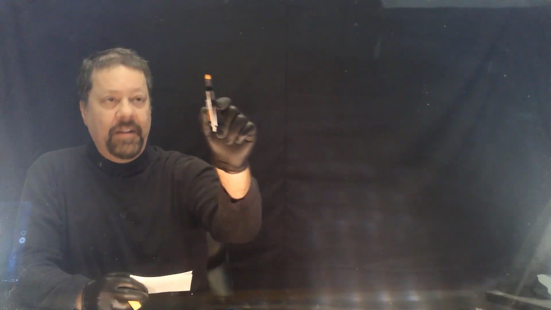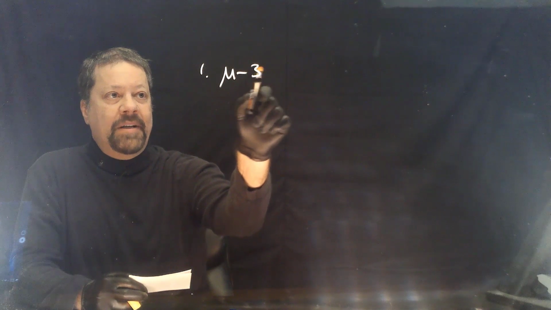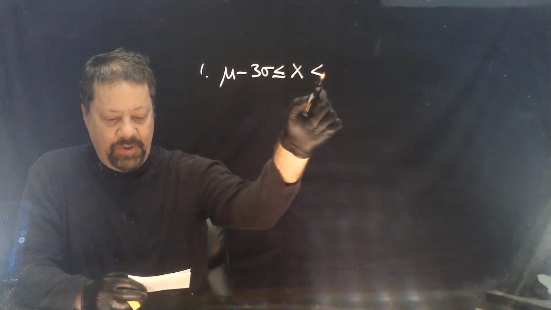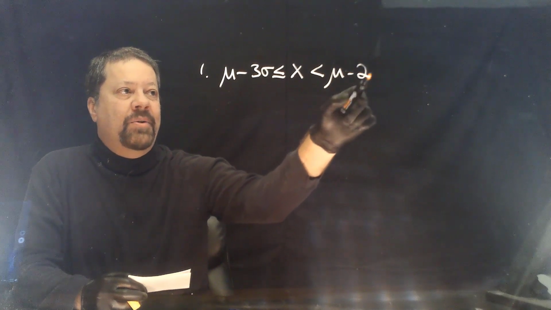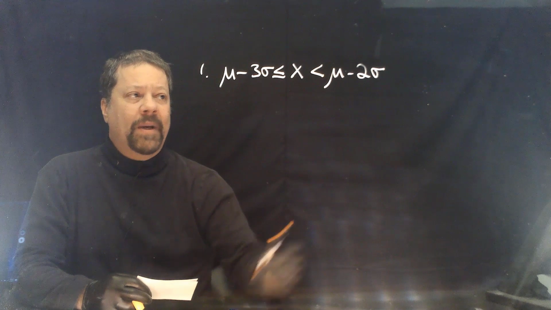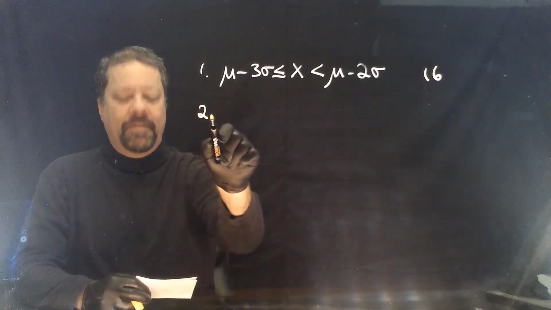We're going to have categories. In the first category, it's the mean minus 3 standard deviations up to the mean minus 2 standard deviations. And of those 620 days, 16 fell into this category.